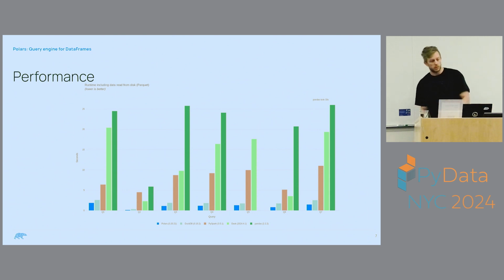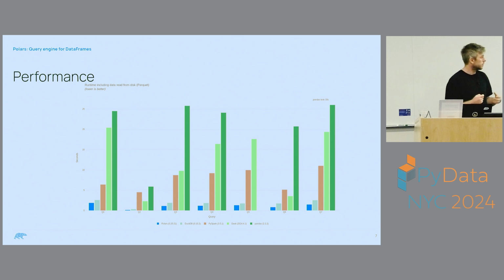So as a result, we are one of the fastest open source query engines, together with tools like DuckDB or ClickHouse. We do really good on single node data processing. Here are 7 queries of what we call the PDS-H.